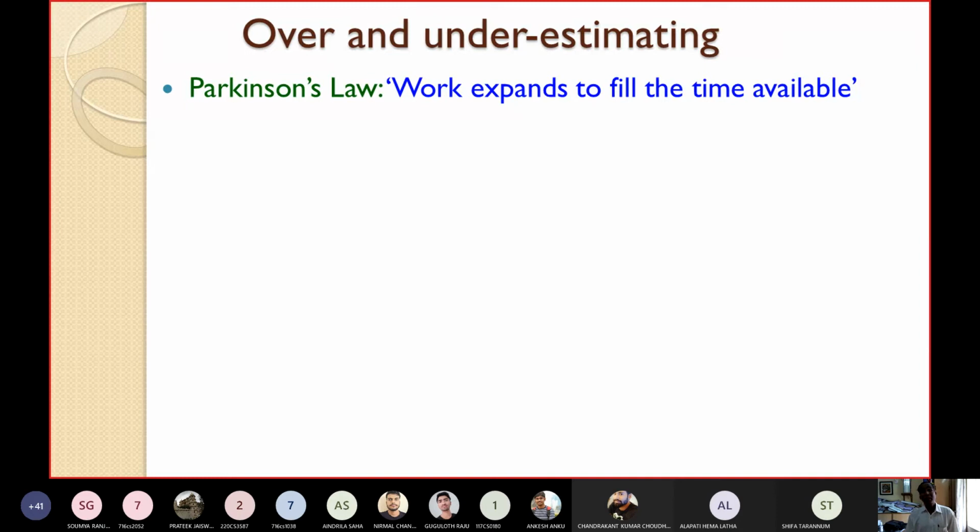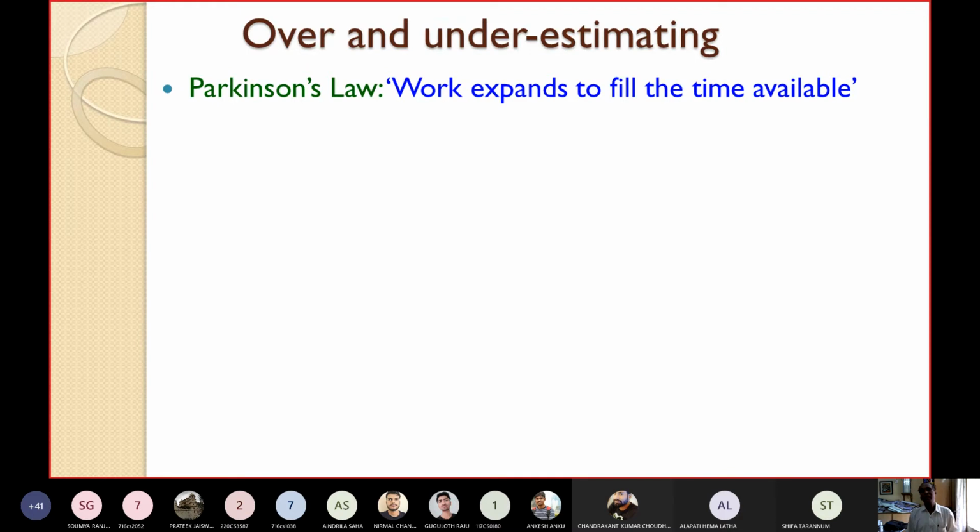Suppose you have a work, a project or some task, that has to be finished within 10 days. And you have finished within 7 days. But you will never show that you have finished in 7 days and ask for some other work. You will go to the library or canteen or somewhere else to fill up those leisure times. So the meaning is that if a work actually takes less time, but you have been given more time, then the work expands to fill the time available.